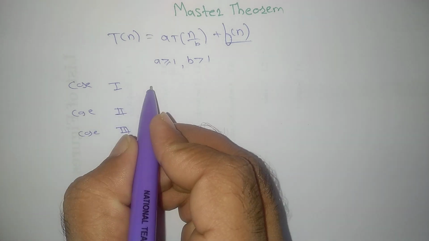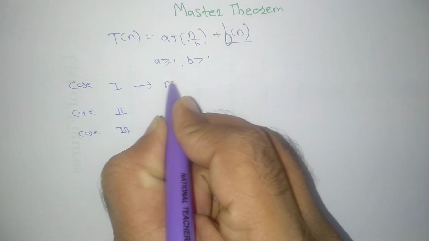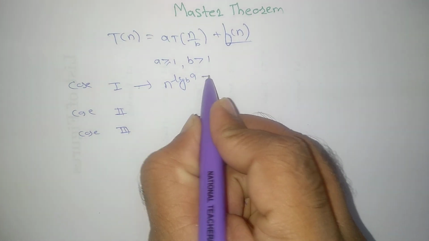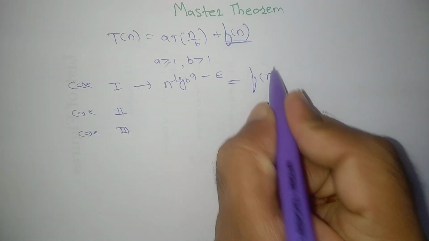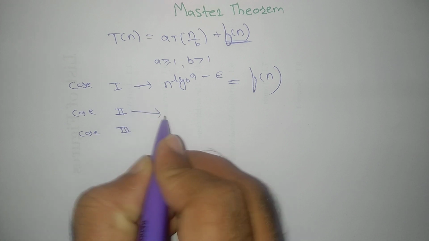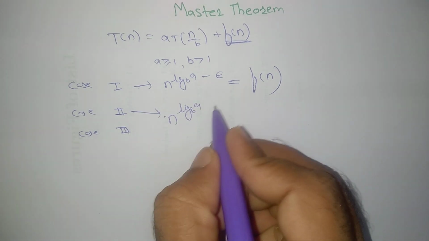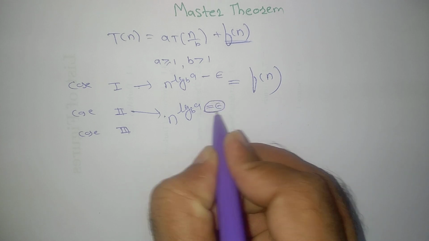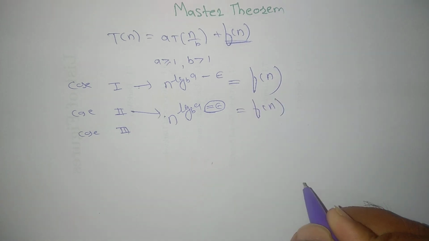In case number 1, whenever we find the n^(log_b a) value, we have to subtract some value to get equal to the f(n) function. In case number 2, n^(log_b a) has epsilon equal to 0, that means no need to add or delete anything. Then it is equal to f(n).